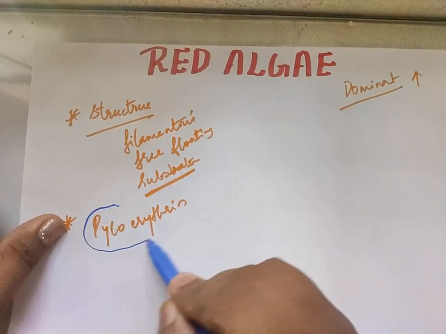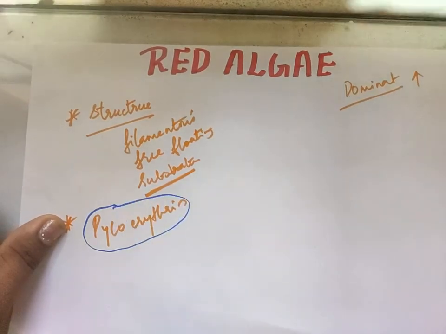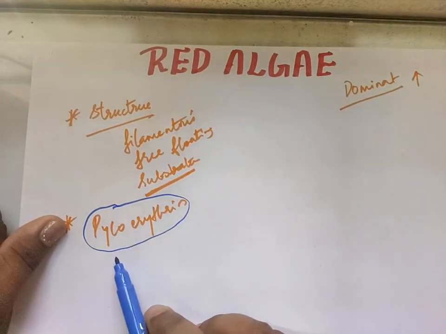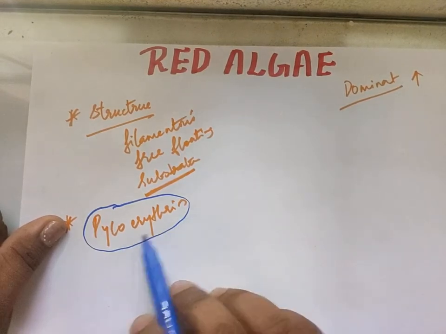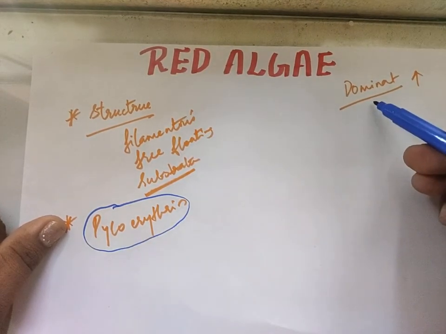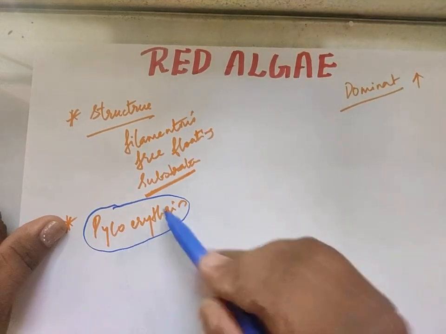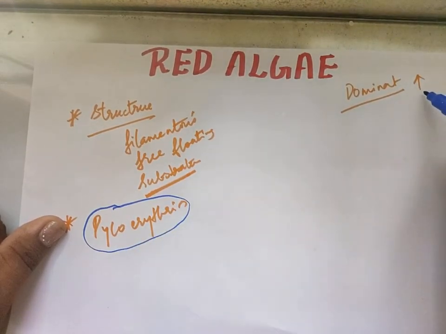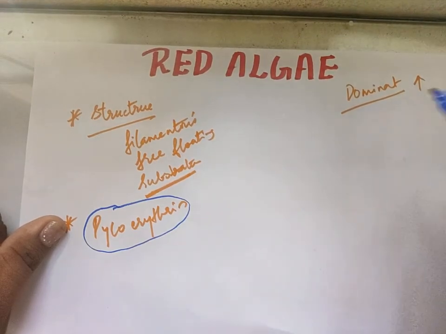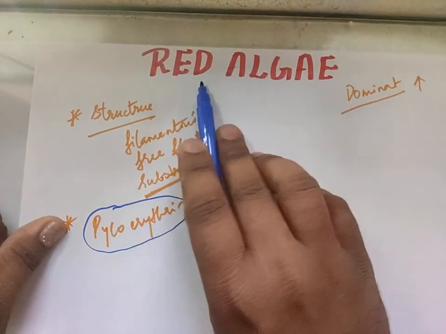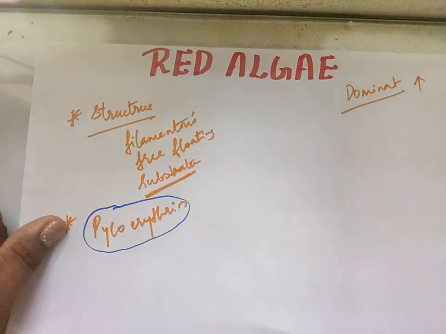The pigment responsible for the red algae to appear red is the phycoerythrin pigment. Because this pigment is present in more quantity, or is dominant, it appears red in color. So this we have to remember.